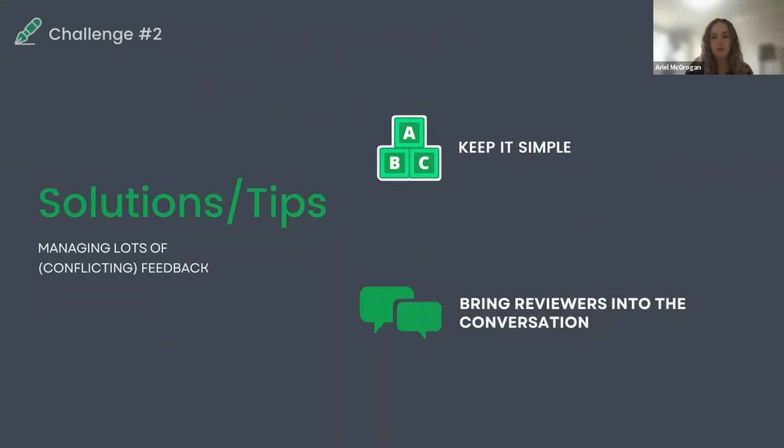All right, so some of the solutions here are keep it simple with regards to your task management system. It's definitely best to have a system that's all in one place, you want your content, your reviewers, your feedback all in one easy to use platform, so you're not jumping between your course and a spreadsheet and all of the comments and feedback that have been emailed to you in a million different emails.